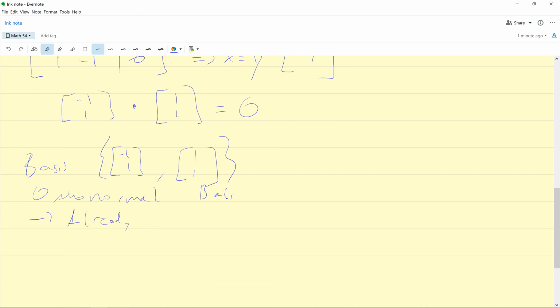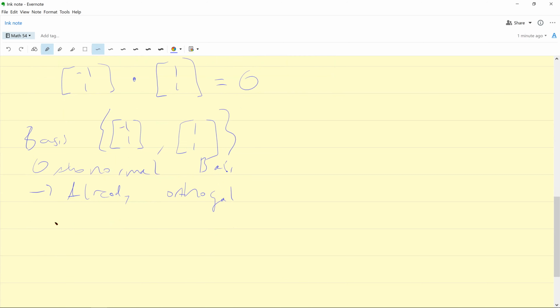They're already orthogonal, so we just have to normalize them, right? Yeah. And how do we do that? Is normalizing them just making their magnitude equal 1? Yeah. They're going to be unit vectors when their magnitude equals 1. And how do we get vectors that are in the same direction as these, but with magnitude 1?